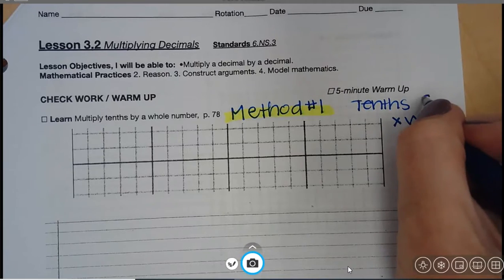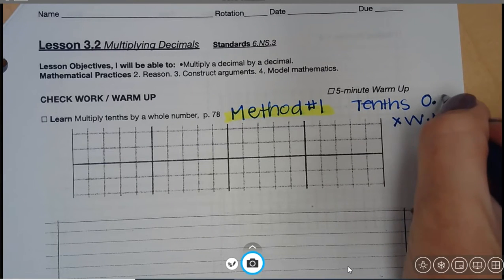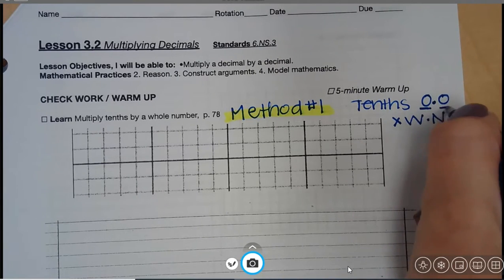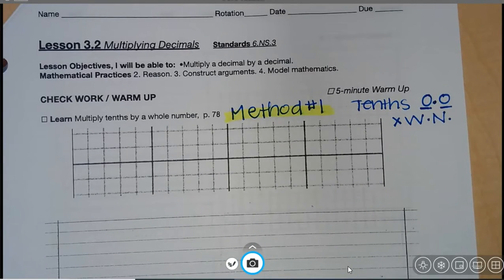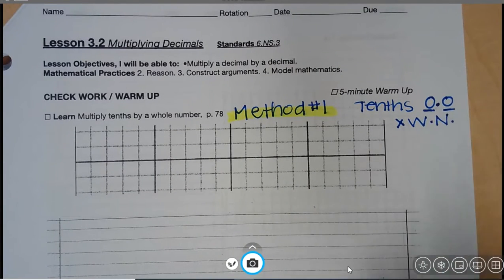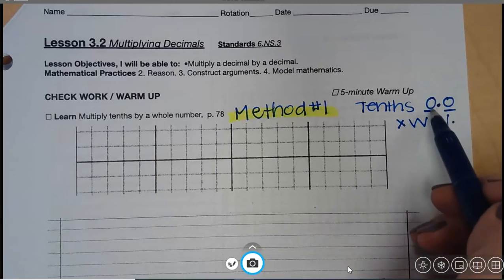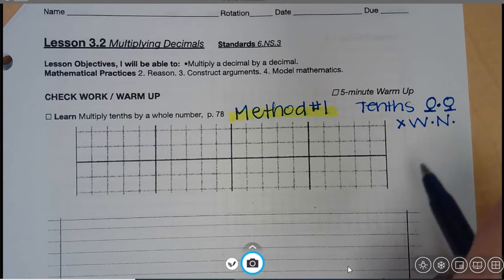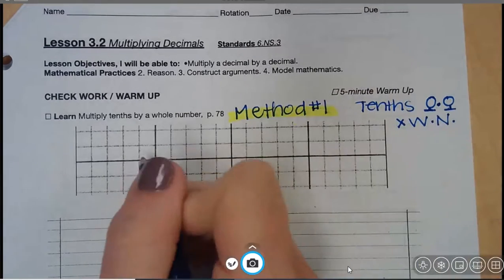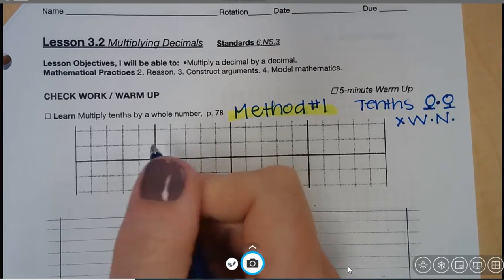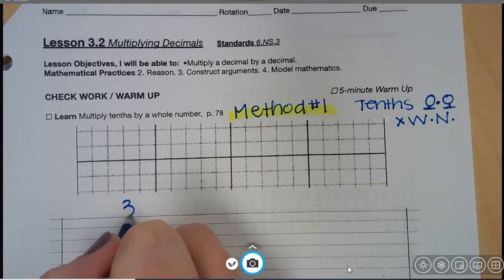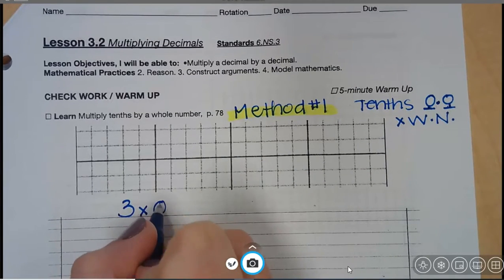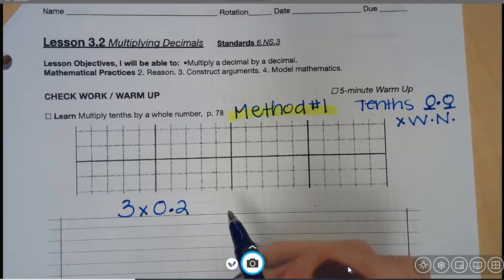The tenths place would have those two place values with the decimal point in between. This necessarily doesn't have to have a digit there, but this would have to be a number like 1, 2, 3, 4, 5, 6, 7, 8, or 9. So if I multiply an example such as 3 times 2 tenths.